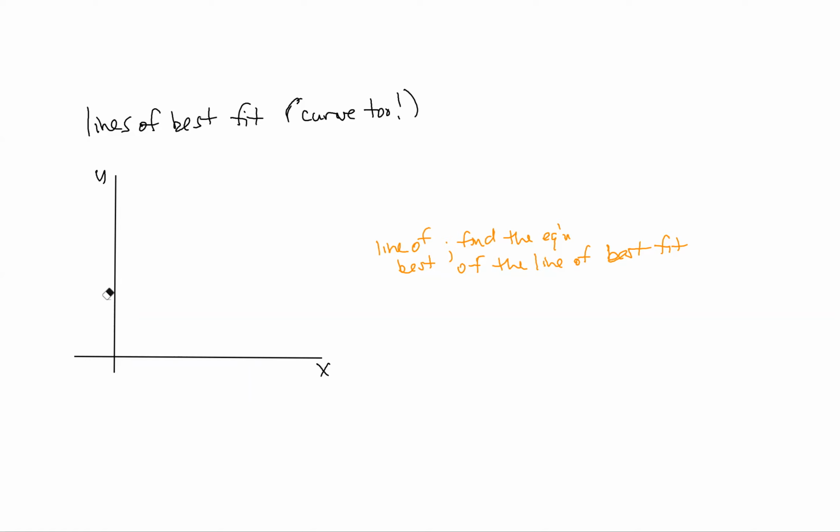Curve of best fit is very similar. Let's use some red dots. So maybe we get something that looks like this. Now this one's a little harder to draw, but for a curve of best fit, all we have to do is realize it's not going to be a straight line.